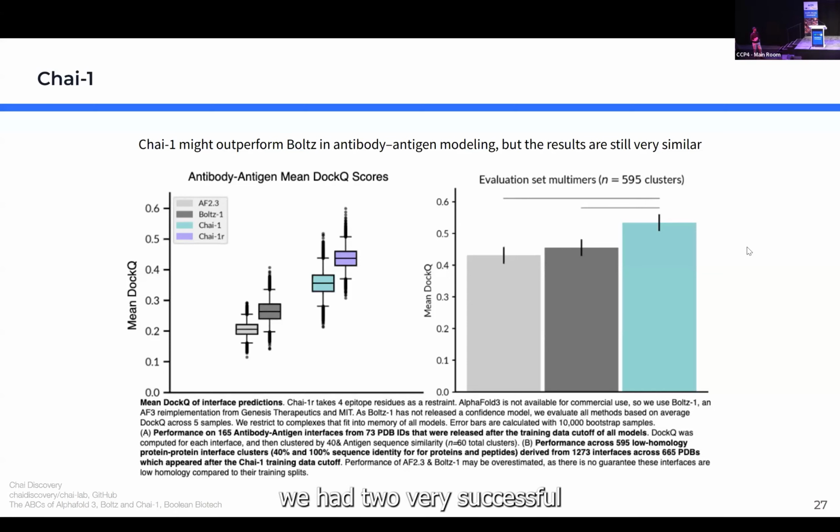At the same time, we had very successful examples of modeling like 6,000 tokens. So it really depends on a case-by-case basis. And please pay attention to the confidence scores. They will clearly tell you whether the modeling is running well or AlphaFold is not doing a good job. On the AlphaFold Server, you can model up to 5,000 tokens.